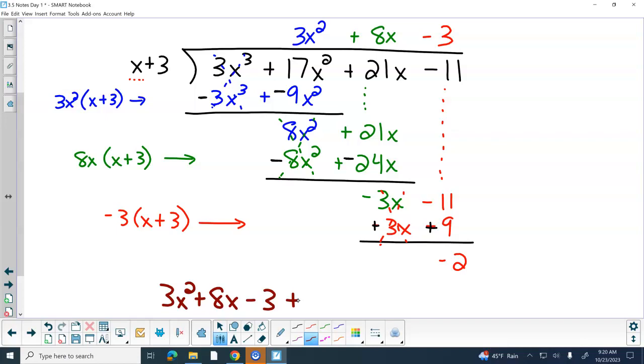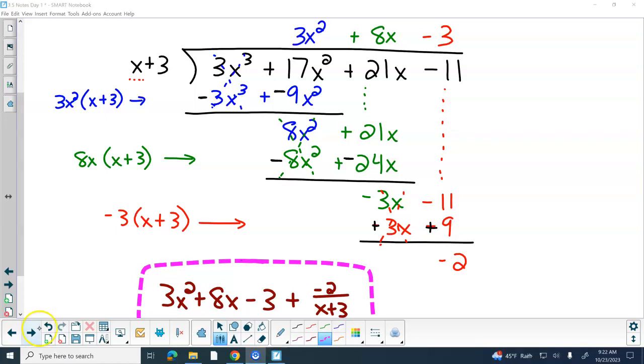The remainder would be negative 2 over x plus 3. Okay? Always a plus here, and then whatever your remainder is over your fraction. And that, ladies and gentlemen, is the wonderfulness that is long division of polynomials.